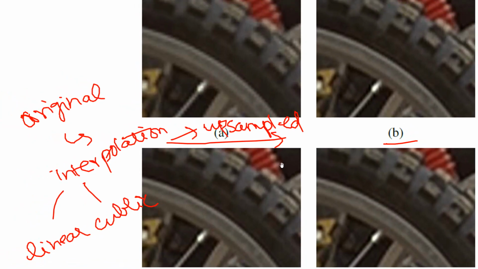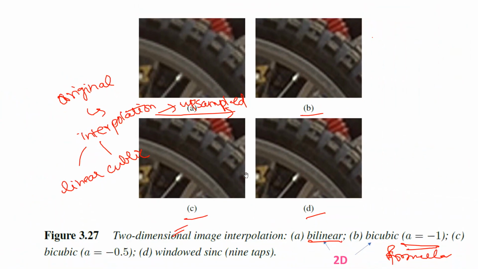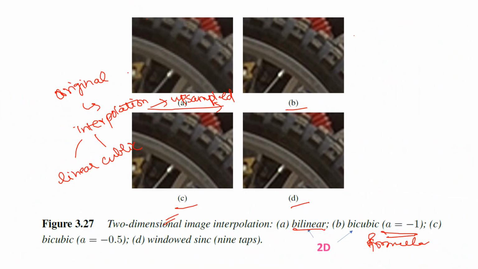So you could see that in the case of linear, it will take only the four nearest neighbor pixels, so it works on 2 cross 2. Bilinear works on 2 cross 2, and bicubic works on 16 surrounding pixels. So 4 cross 4 produces 16 surrounding pixels. A equal to minus 1 will prioritize the sharpness.